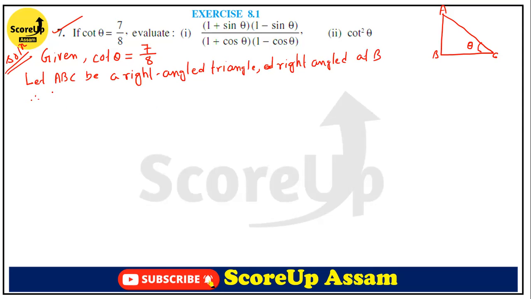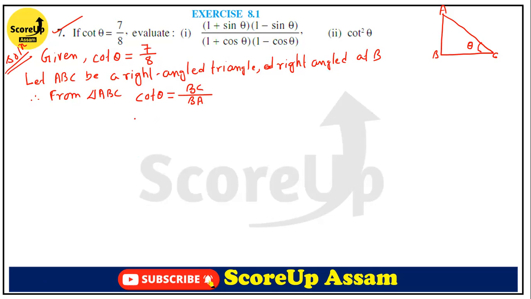Therefore, from triangle ABC, cot theta is equal to BC by BA.